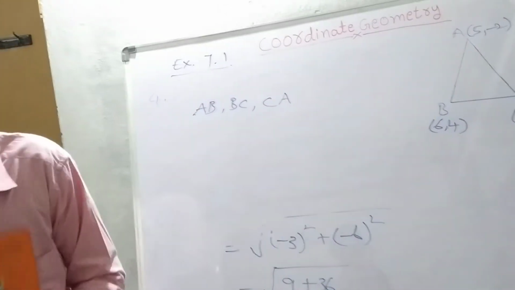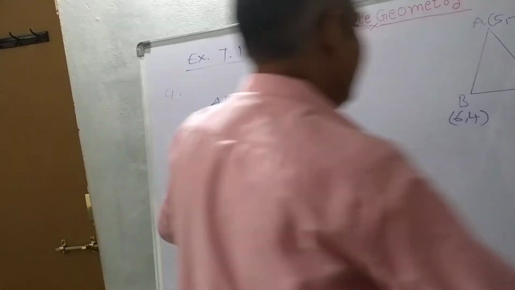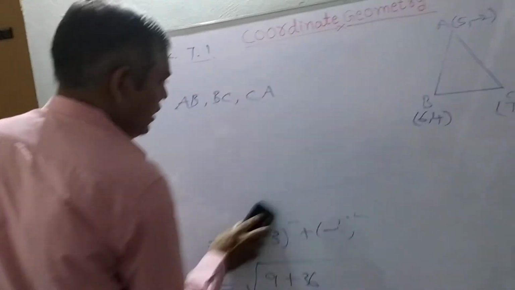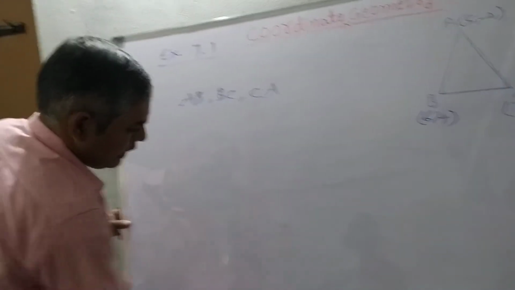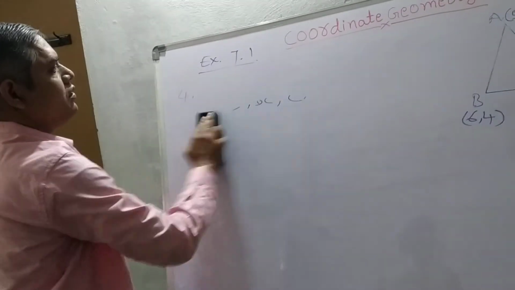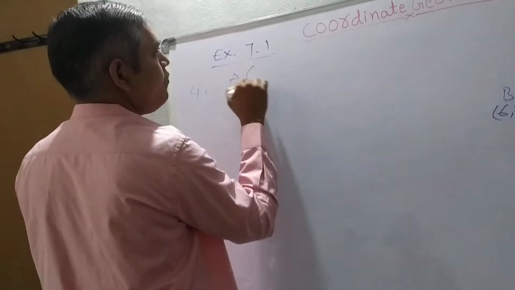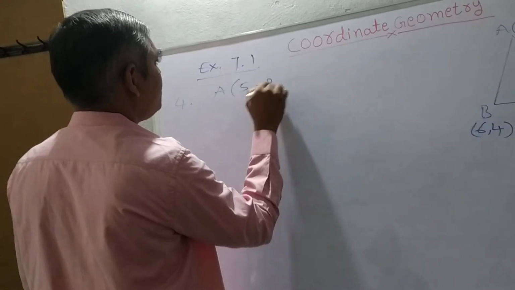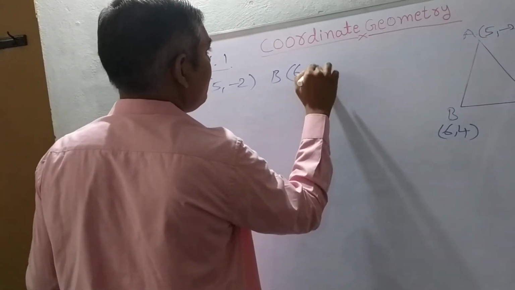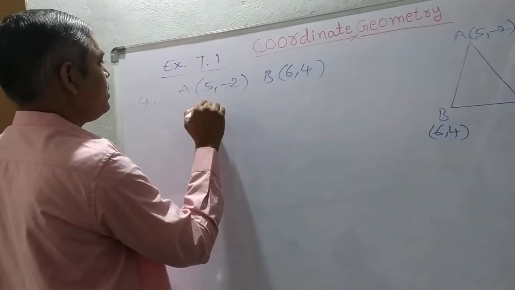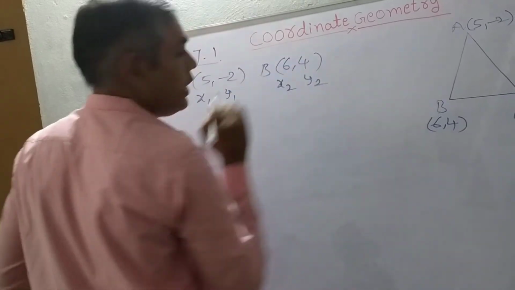Now we are going to solve the problem. First we have to find the distance AB. Point A is (5, -2), point B is (6, 4). These are x1, y1, x2, y2.